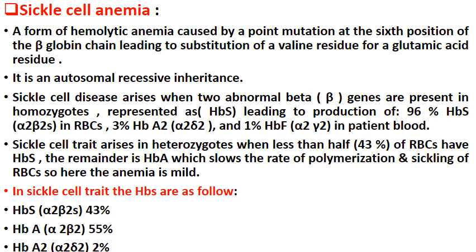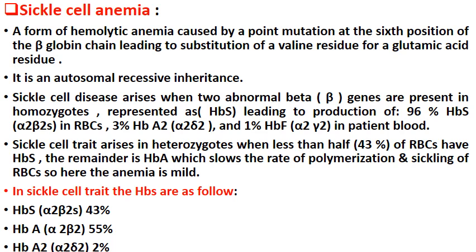Sickle cell disease arises when two abnormal beta genes are present in the homozygote, represented as hemoglobin S, leading to production of 96% hemoglobin S, 2 alpha and 2 beta.